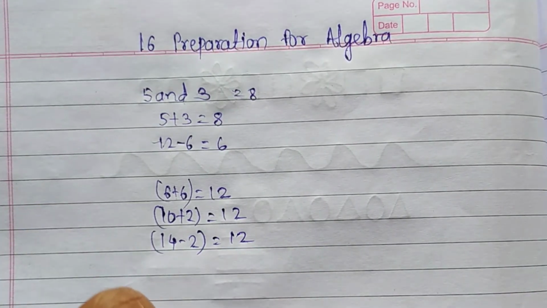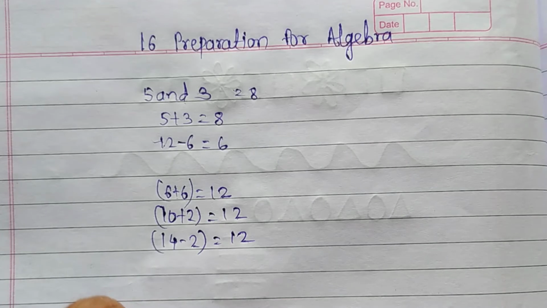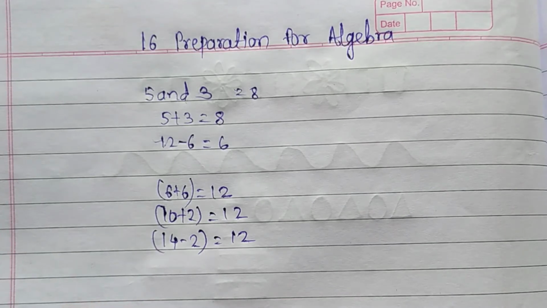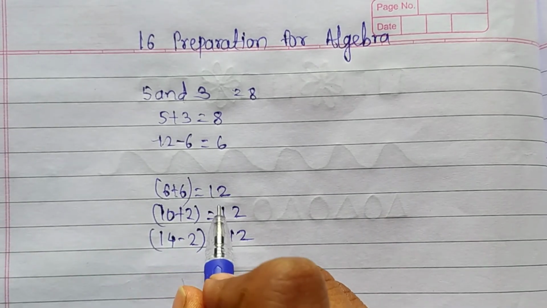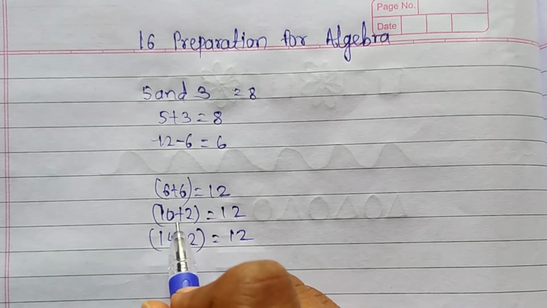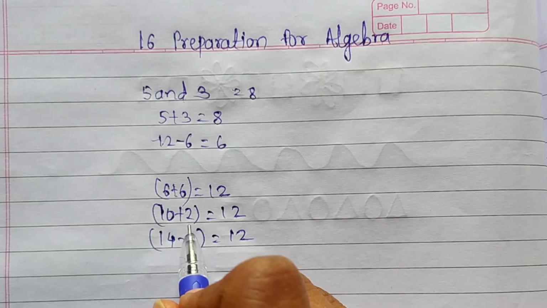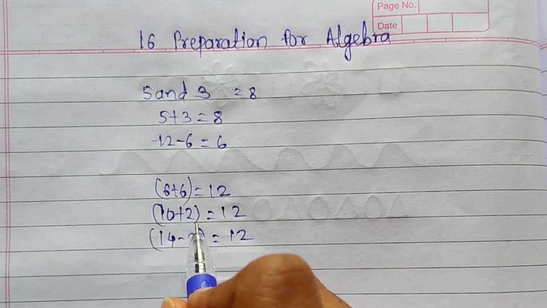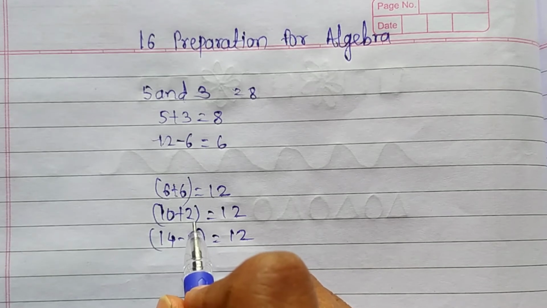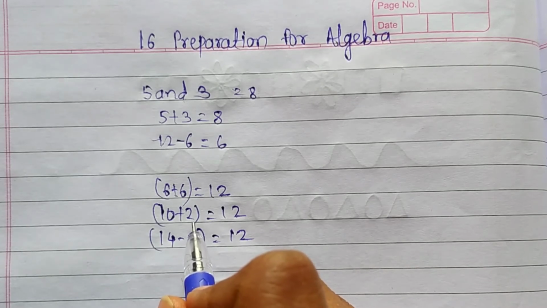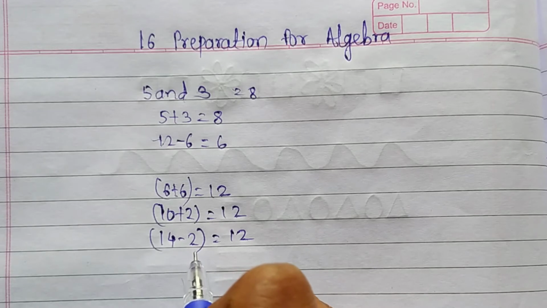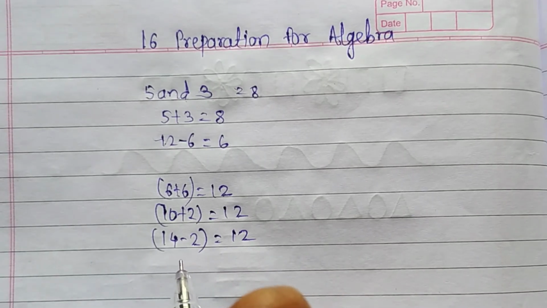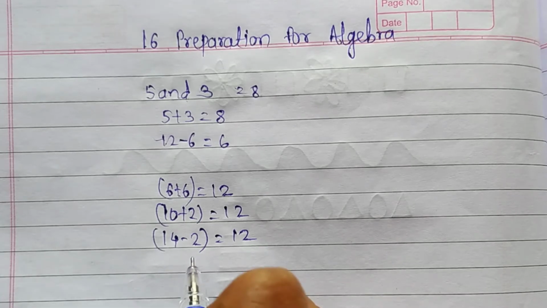When we want to say a number obtained by adding 6 and 6, it is easier to express it using a bracket, like (6 + 6). (10 + 2) means a number obtained by adding 10 and 2. (14 − 2) means a number obtained by subtracting 2 from 14.